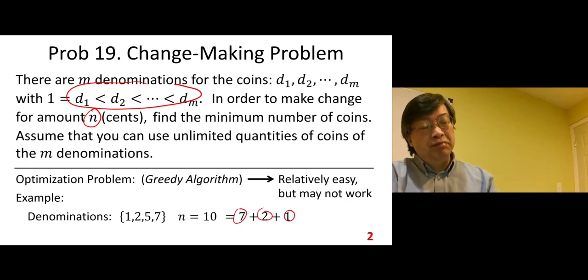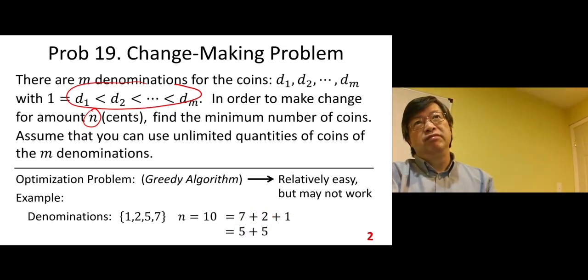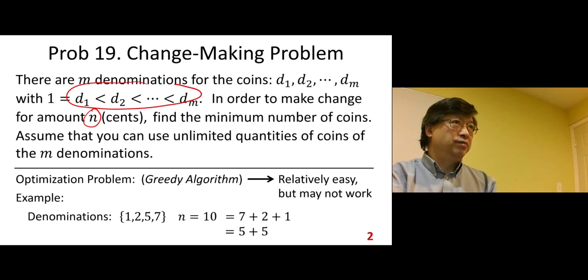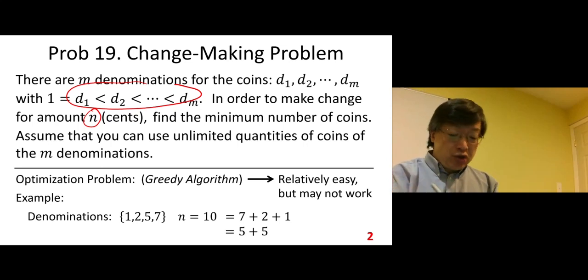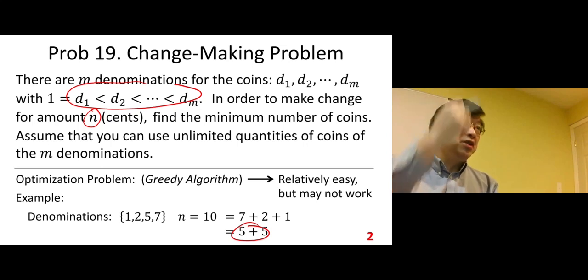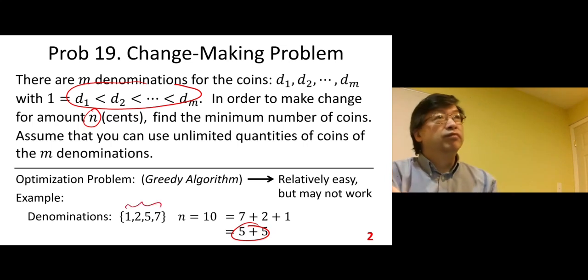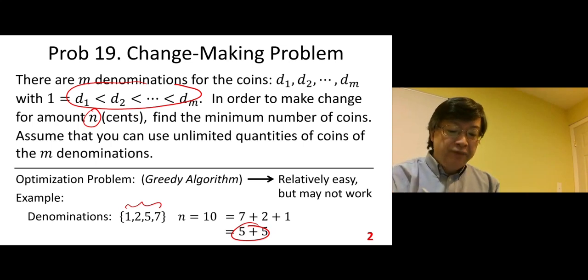But this may not be the best solution, because you can use two 5 coins. Only two coins. This should be the best solution because nobody can get a 1 coin solution, right? You don't have 10 cents in your given denominations, so there is no 1 coin solution.